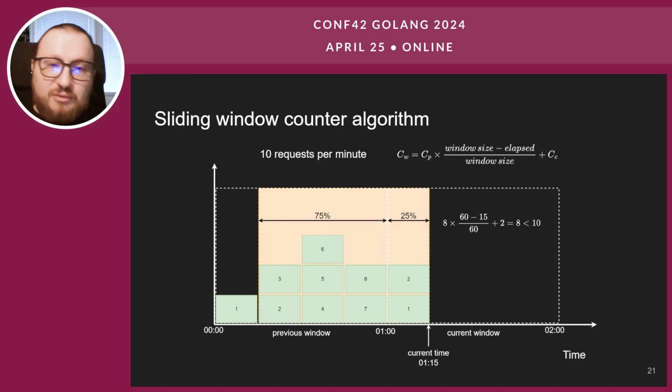The old counters from previous fixed windows are removed from tracking when they are no longer relevant for a sliding window. The algorithm captures recent request rate trends more accurately than the fixed window counter, as it considers requests that fall within the sliding window.